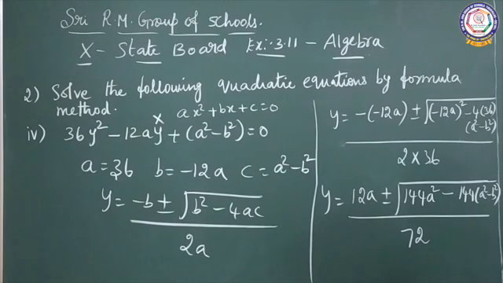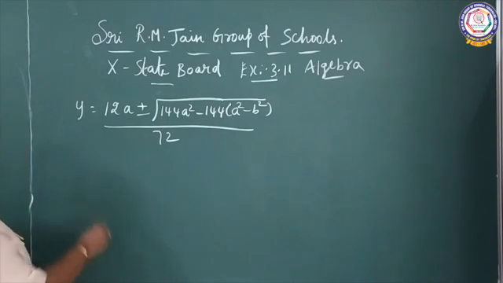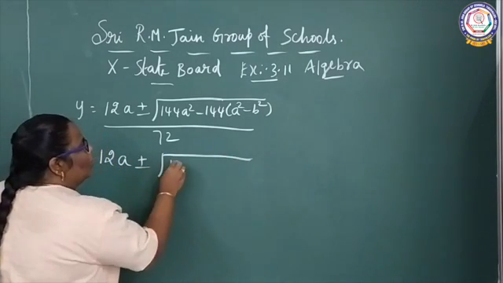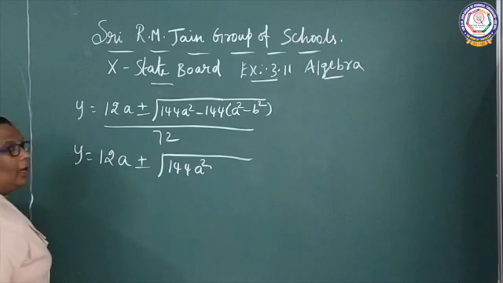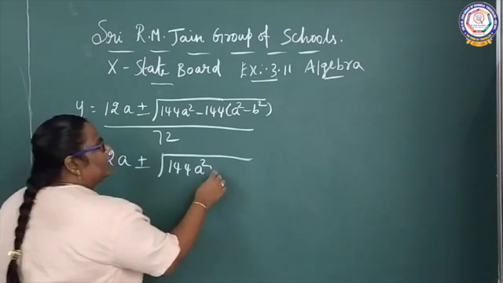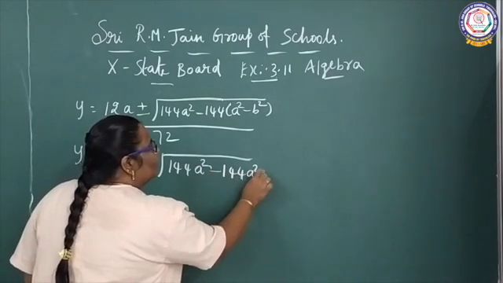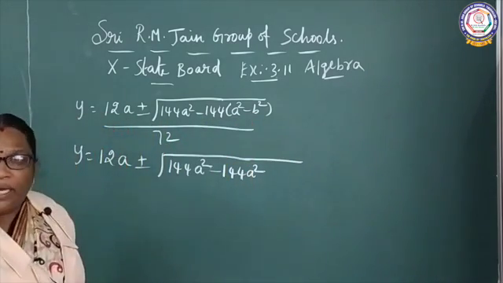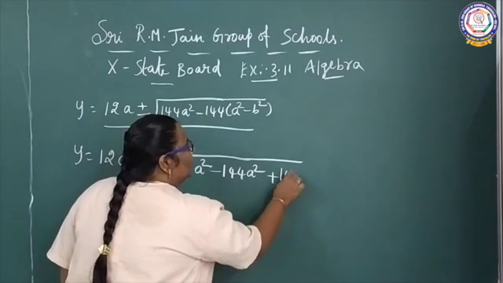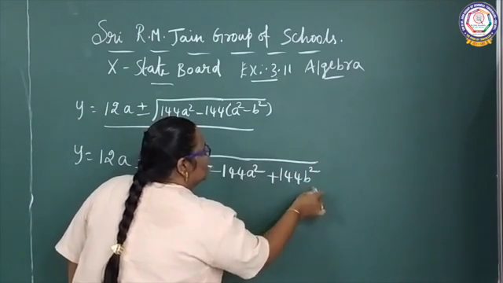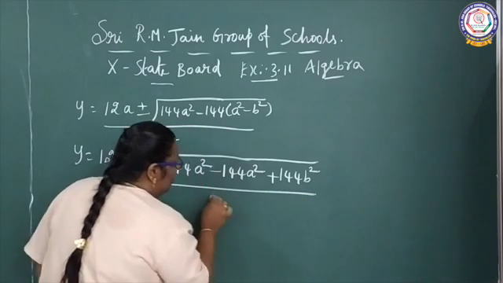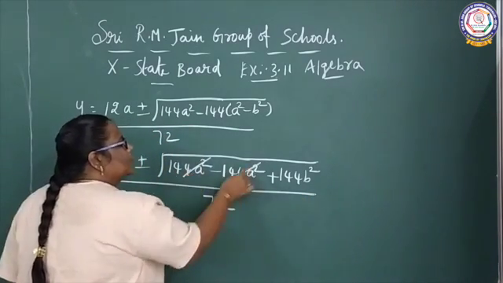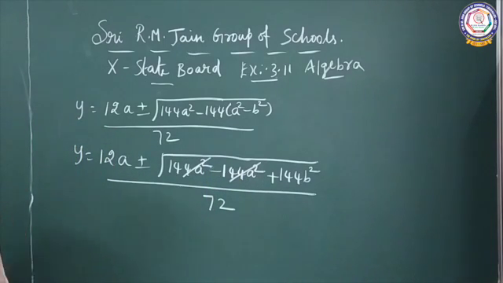So y equal to 12a plus or minus root of 144a square minus 144 inside, it gives minus 144a square, minus into minus becomes plus 144b square, whole divided by 72. 144a square minus 144a square get cancelled. What is the remaining thing?